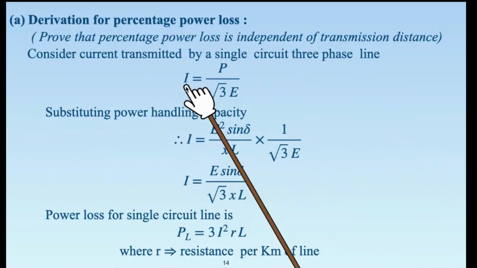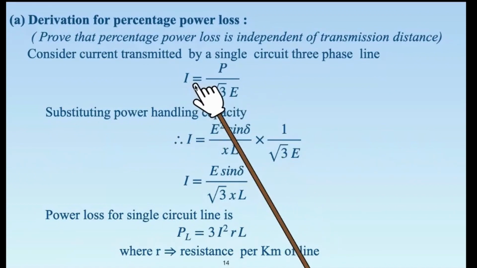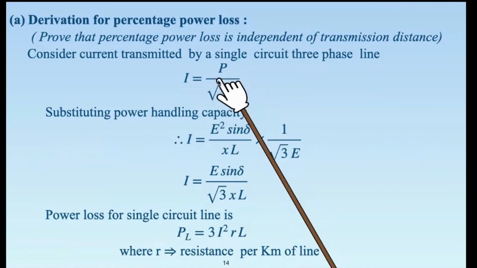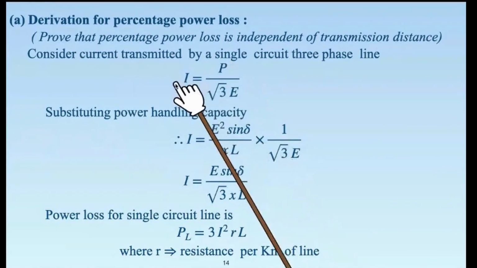Whenever we talk about transmission lines, you have to understand that it is the line current, and the voltage is always specified as a line voltage. A three-phase transmission network is always rated in terms of line voltage. So line current I is equal to P upon √3 times line voltage. So P is equal to √3 VL IL.